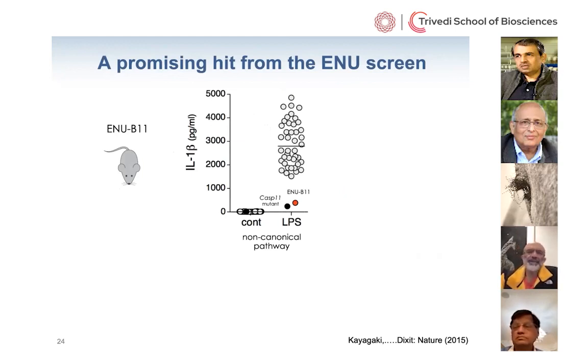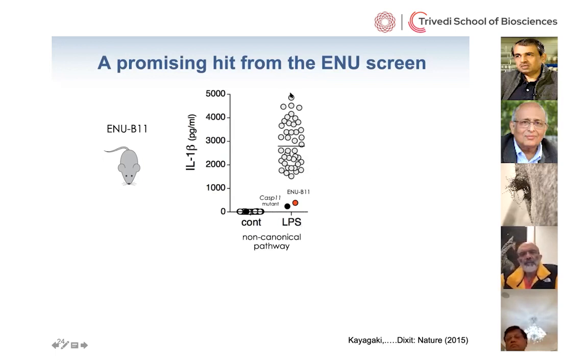And here, let me just show you one hit that we published in 2015 that turned out to be a very important hit for the field, which is shown here in this red dot, but let me first orient you. The y-axis is IL-1 beta production, and the x-axis is the stimulation with LPS.